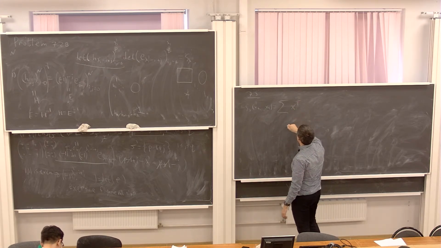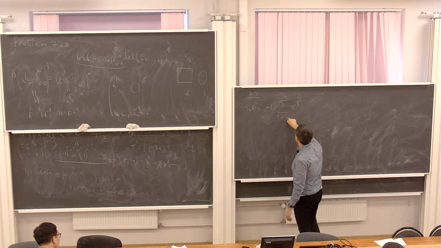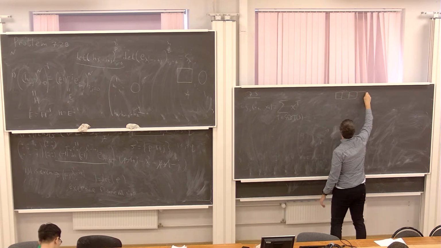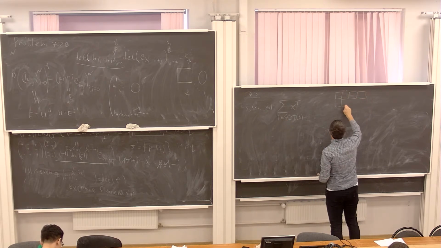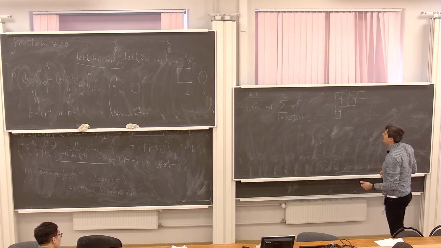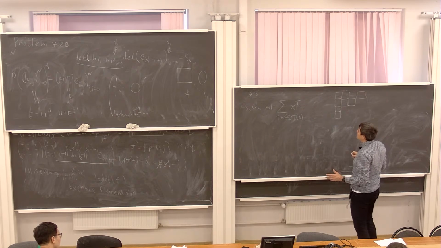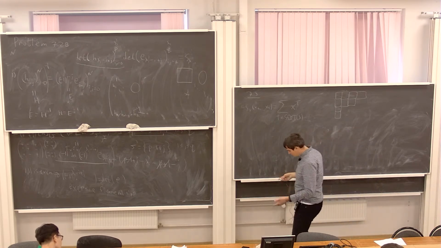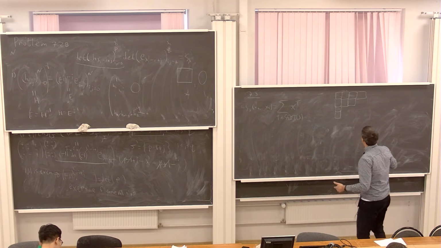It is equal to the sum of x to the t, where t is from the set of semi-standard Young tableaux of form lambda. So you fix some form lambda, this is the basis of symmetric functions, and you consider semi-standard Young tableaux.